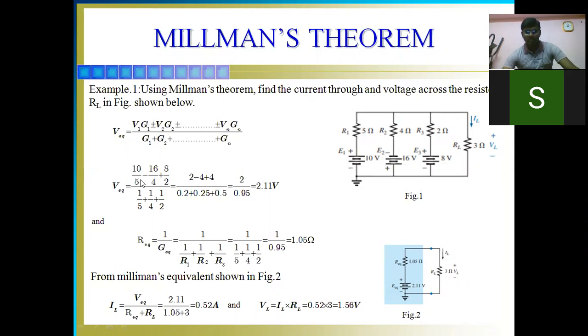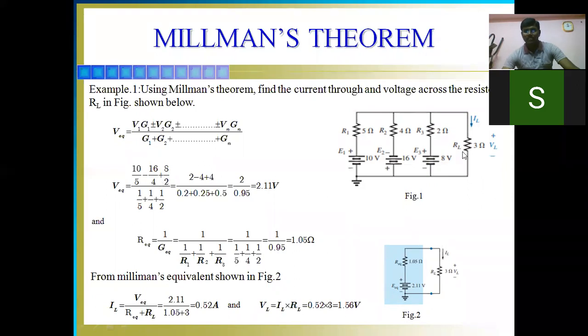Coming to plus or minus, E1 is supplying current in the upward direction, whereas E2 is driving current in the downward direction, which is opposite to it. Taking E1 as the reference, the current driven by E2 is opposite, so we take minus 16 by R2, that is 4.